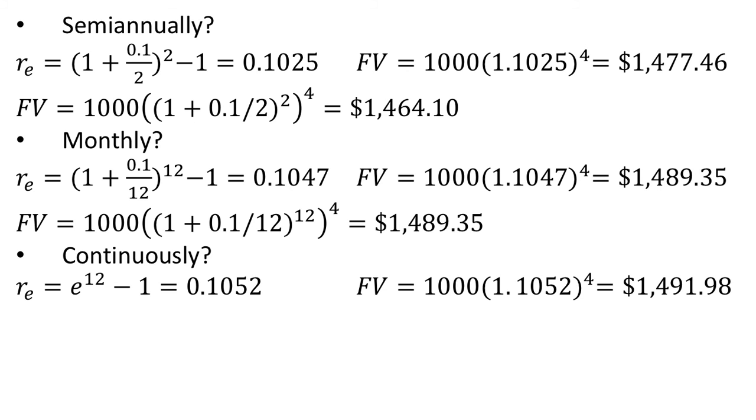And then continuously, once again, you don't actually have to convert to the effective annual interest rate of 10.52%. Instead, you can do the following. You can just go ahead and say future value is $1,000 times e to the 0.1, which is e to the r, raised to the fourth power, which is the number of years here.